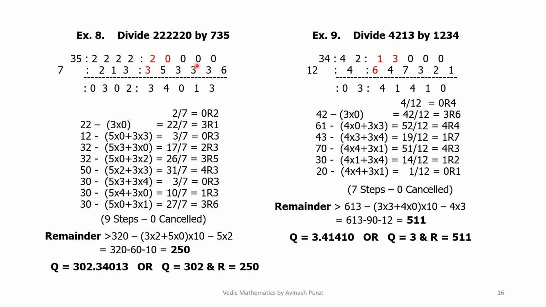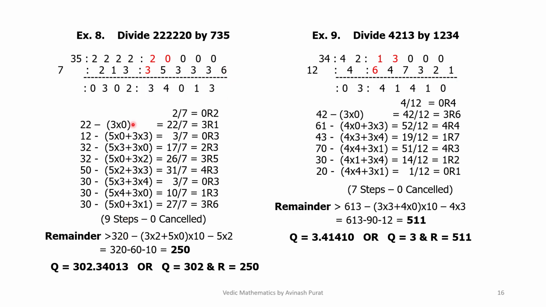Next dividend again 30 minus 5 into 4 plus 3 into 0, that is 20. 30 minus 20 is 10 divided by 7, quotient is 1 and remainder is 3. Now again we get 30 dividend minus 5 into 0 plus 3 into 1, that is 3. 30 minus 3 is 27 divided by 7, quotient is 3 and remainder 6.